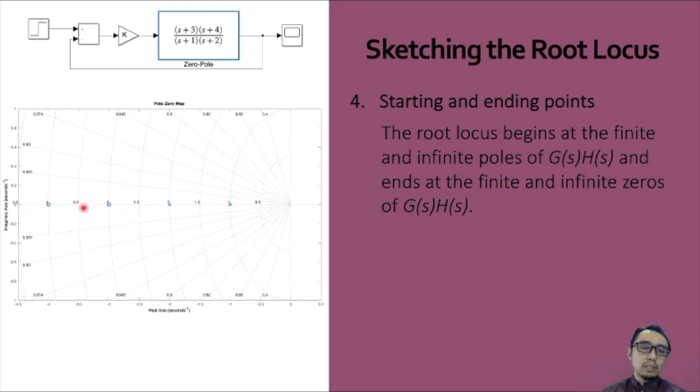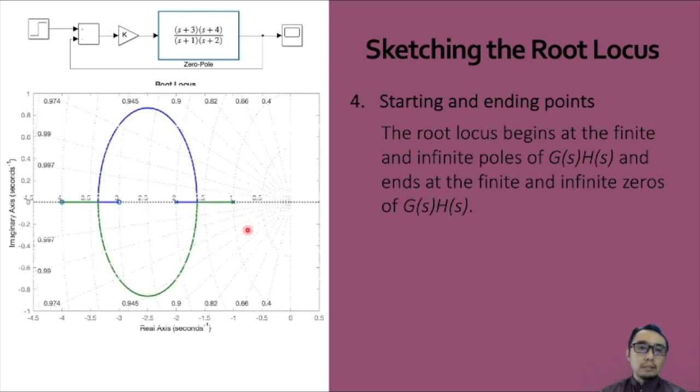So you know initially that there should be some locus, and the movement of the poles on the real axis will be somewhere here and somewhere here. As shown here, the pole at -1 moves from here and ends at a zero, whereas this one ends at another zero.